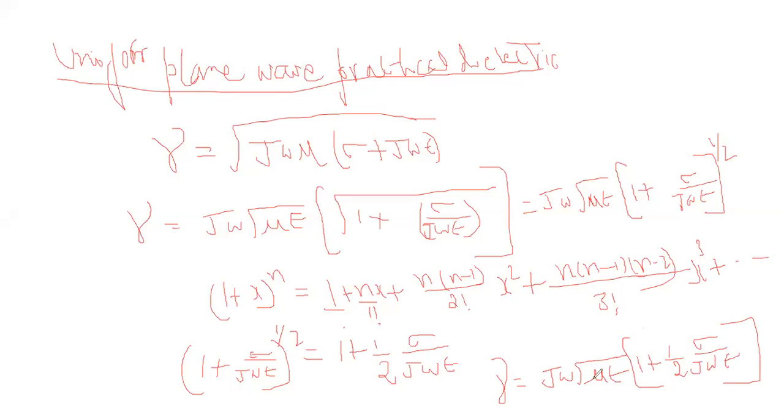Now you can multiply j omega under root of mu epsilon with 1, and with the second term 1 by 2, so j omega and j omega get cancelled here. Write in the next page: gamma is equal to j omega under root of mu epsilon multiplied with 1 plus 1 by 2 sigma by j omega epsilon.